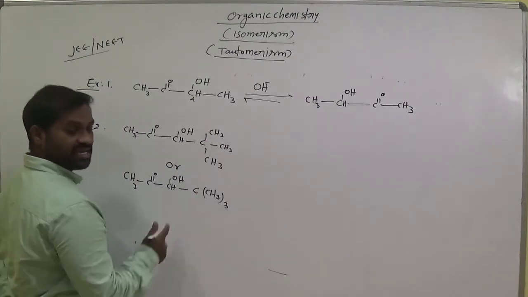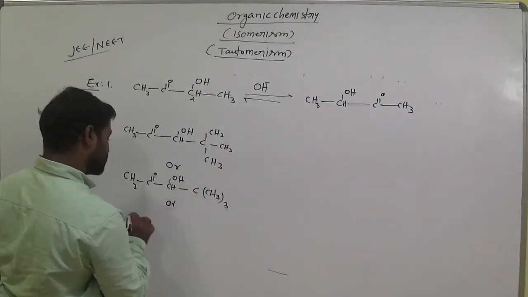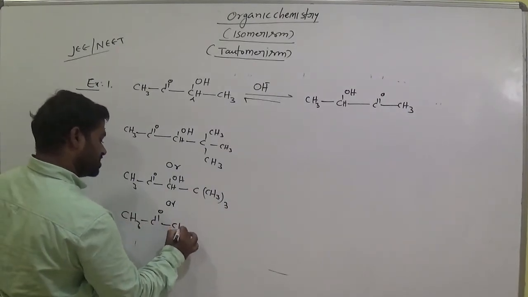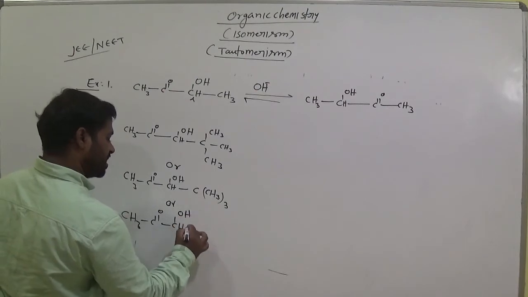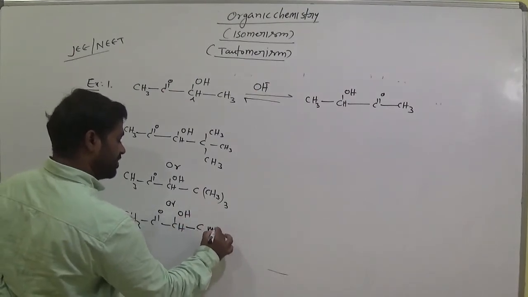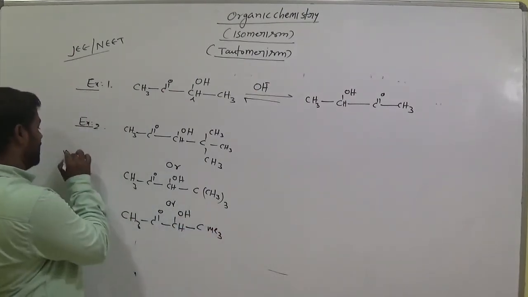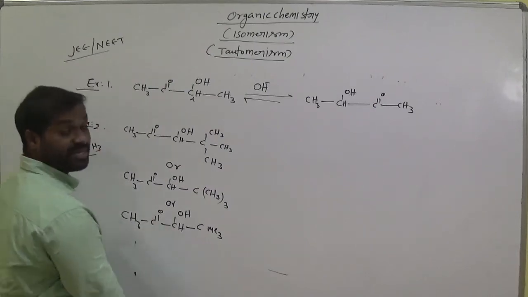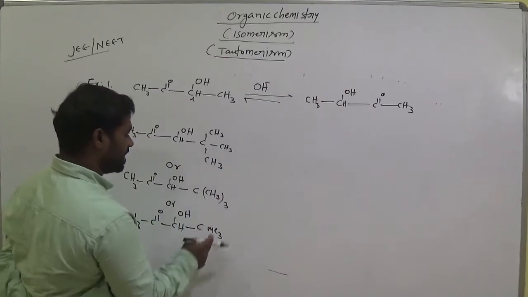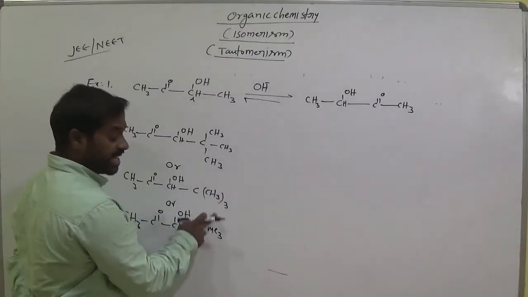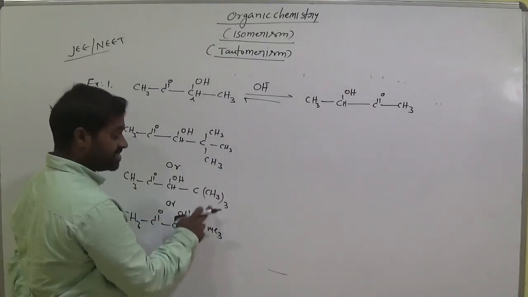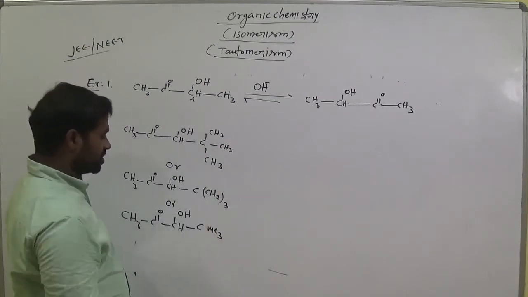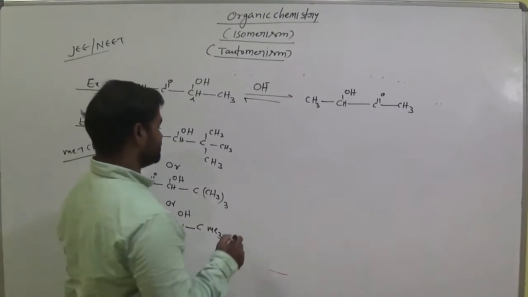We can also write this as CH3 C double bond O, CHOH bond C Me taken thrice, where Me means CH3 group. Me means methyl, and there are 3 CH3 groups here. So both are the same. Keep it in your mind.